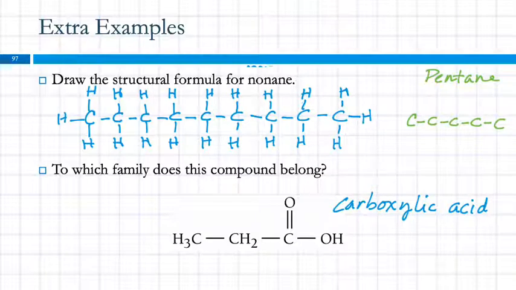The ane tells me it's all single bonds. And so I need to give each of these carbons 4 single bonds. And it just works out conveniently. There's top and bottom, right and left. I've got 5 carbons. None of those other atoms can be carbons. They're all just going to be hydrogens.